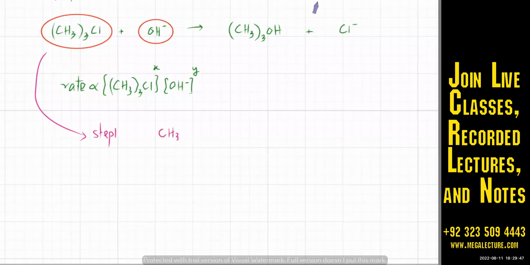So the CH3, Cl, in the first step, the Cl dissociated and it ended up forming a carbocation. I've actually drawn this incorrectly. There's supposed to be a carbon over here.